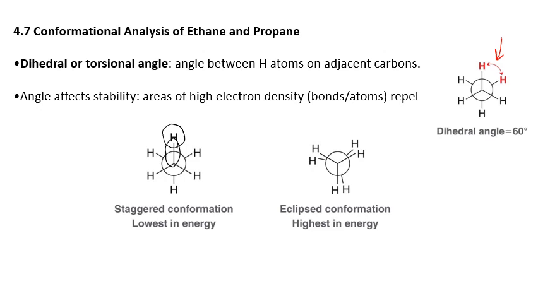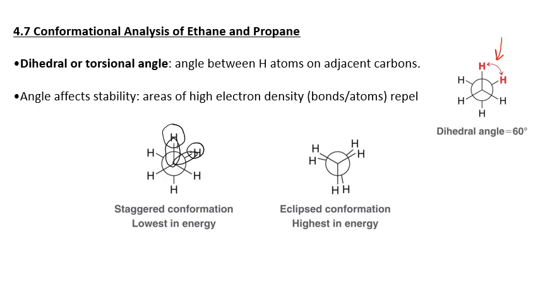And if you look, the next closest atom, which has a dihedral angle of 60 degrees, there are going to be some electron interactions between the bonded atoms as well as with the bonds.